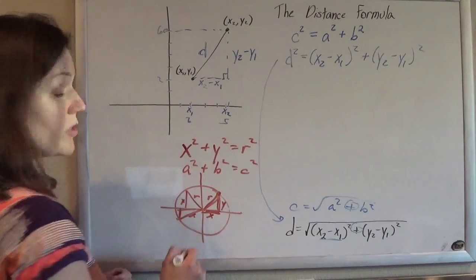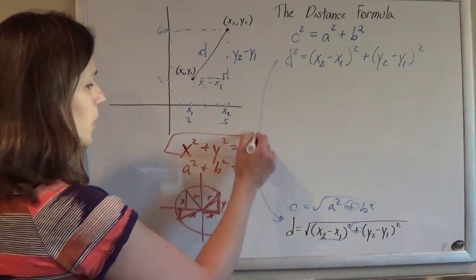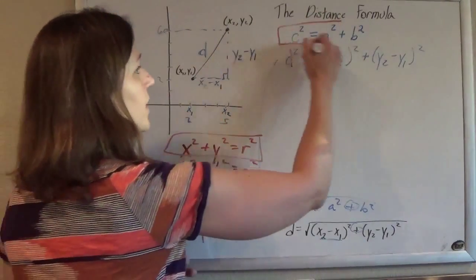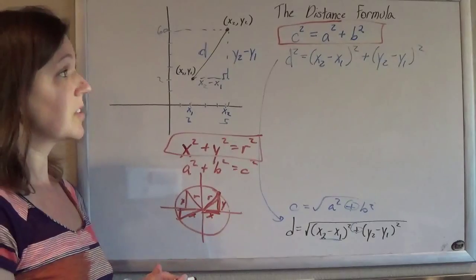X squared plus y squared should be r squared. So x squared plus y squared equals r squared, the equation of a circle, is just the Pythagorean theorem. So if we know that, we get a bunch. Okay.